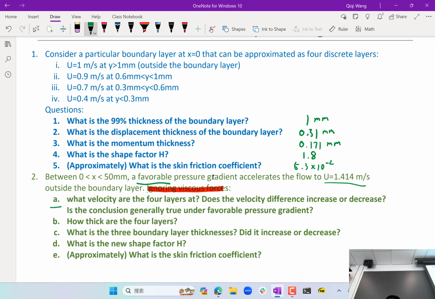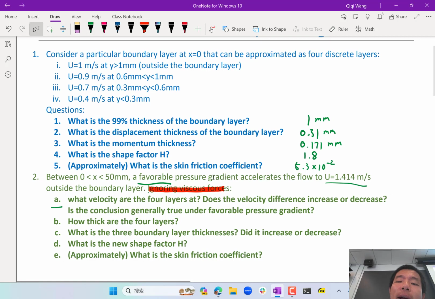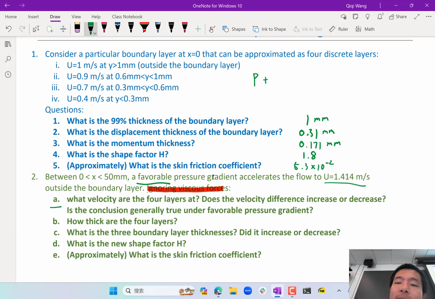What is equal to constant? Stagnation pressure, which is equal to pressure plus half rho v squared. So we know p plus half rho u squared is constant, and that's a different constant for every layer.